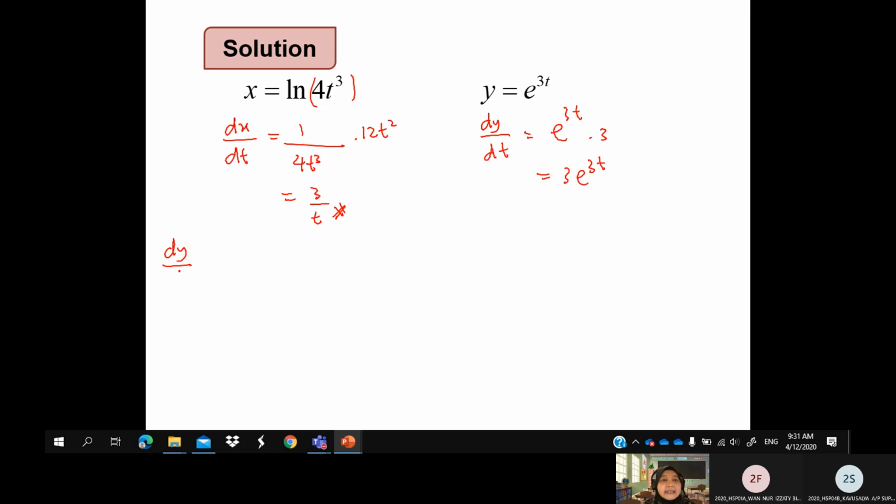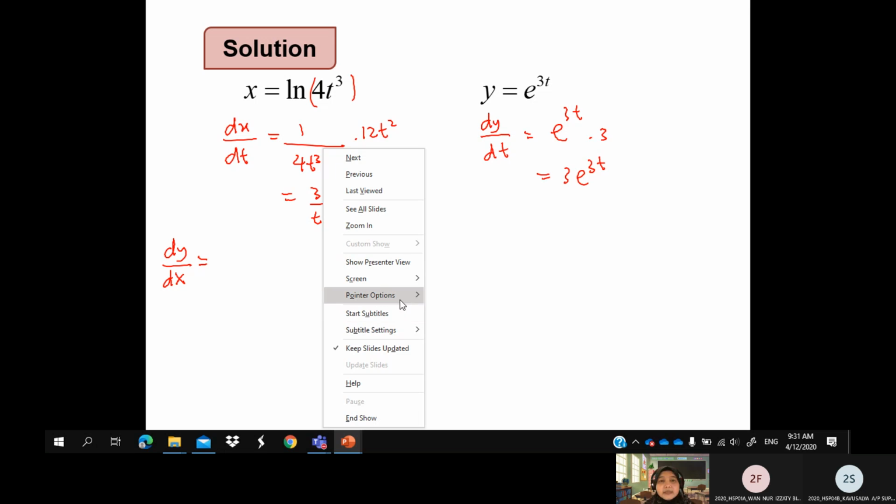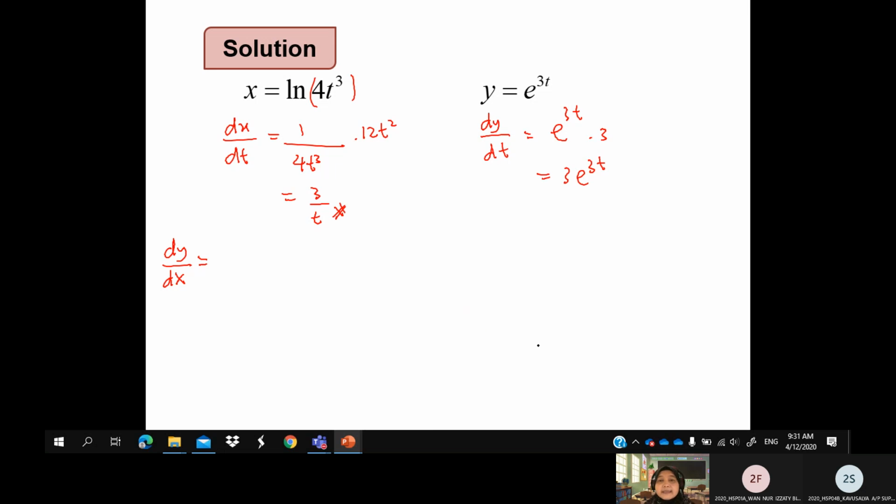Now find dy/dx. But here you still have the variable t, so you need to use the chain rule: dy/dx means dy/dt over dx/dt. Okay, substitute.